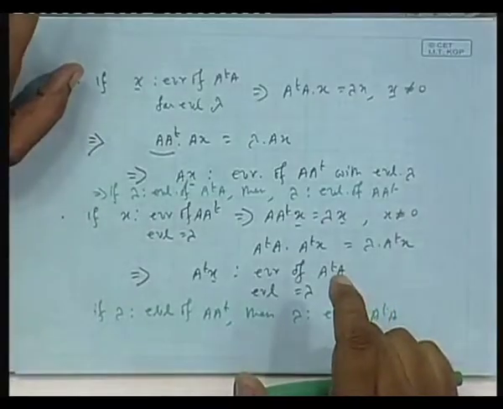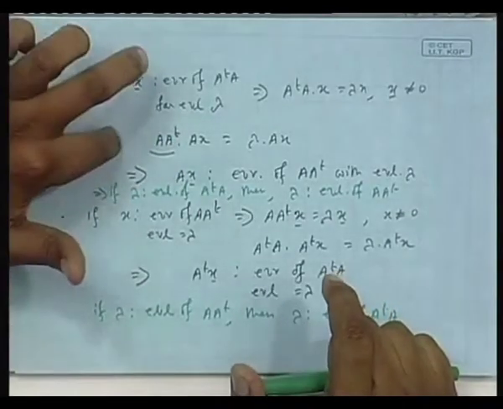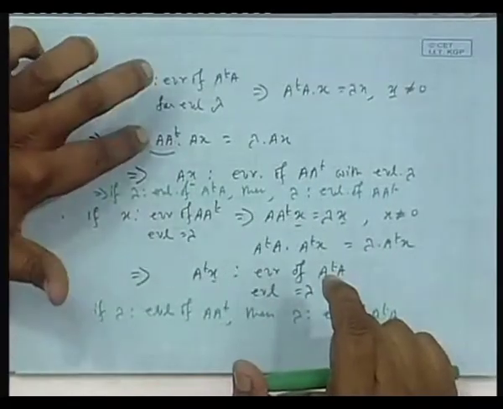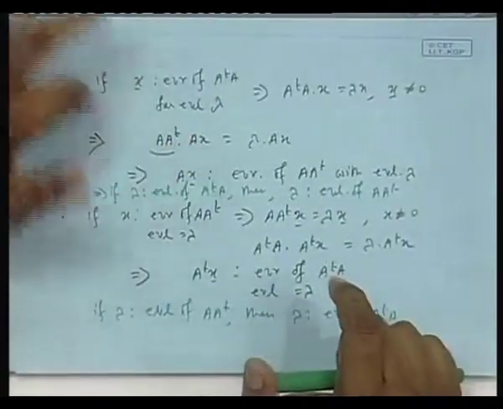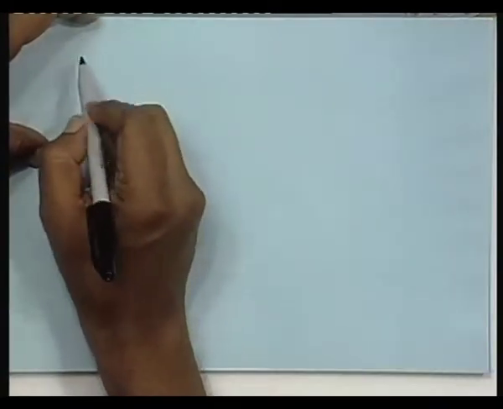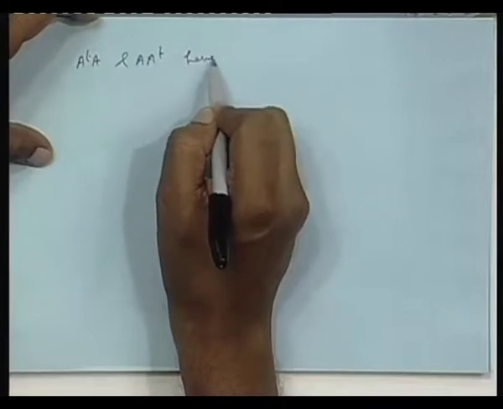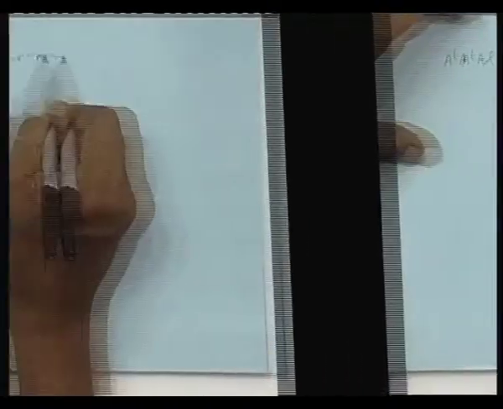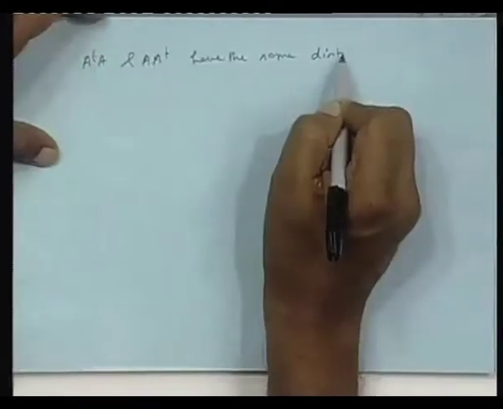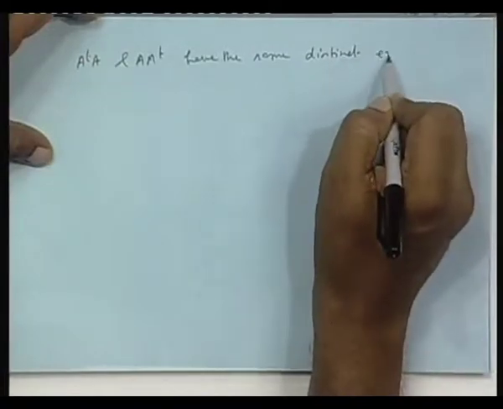If lambda is an eigenvalue of one, it is an eigenvalue of the other. So, A transpose A and A transpose have the same distinct eigenvalues, not eigenvectors, only eigenvalues.